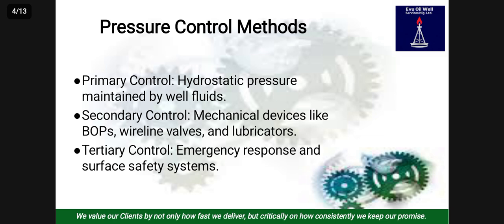Then the second is the secondary control, which is mechanical: the equipment we use to hold or contain pressure. Then the tertiary one is the one that comes into play only during emergencies. These tiered systems ensure that no single failure leads to a disaster.